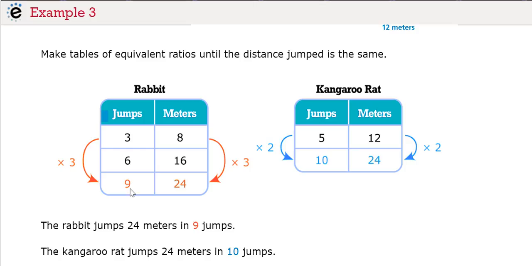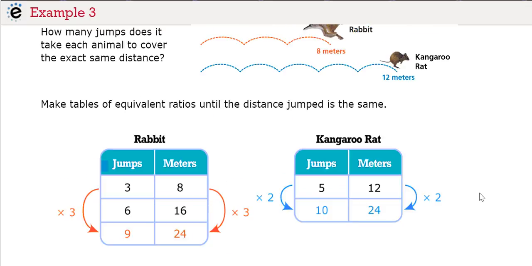And once again, 3 more jumps, 24 meters. Now as we jump over to the kangaroo rat, 5 jumps is 12 meters. If we do another 5 jumps, a total of 10 jumps, now we're at 24 meters. And suddenly we have a common distance, 24 and 24.